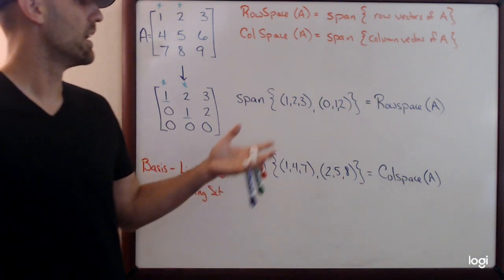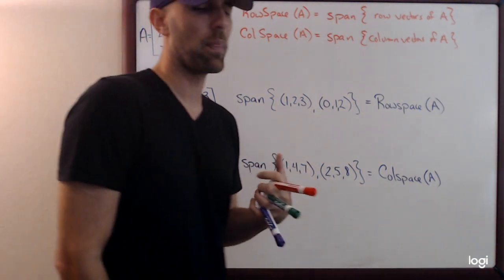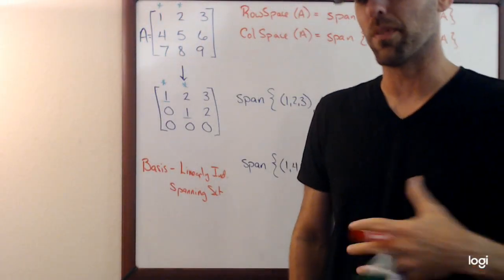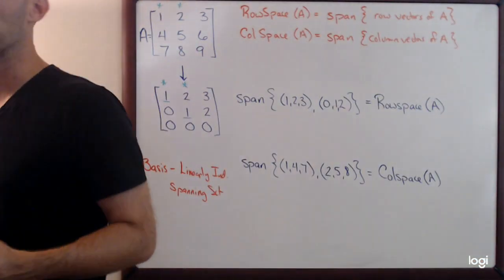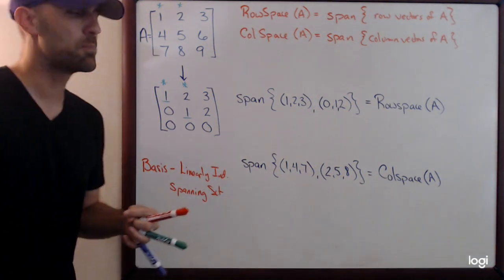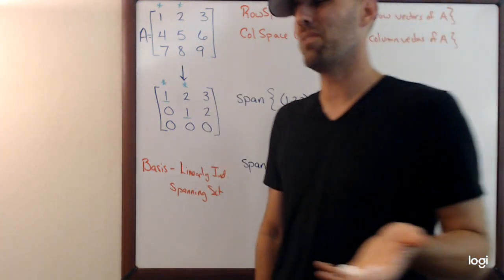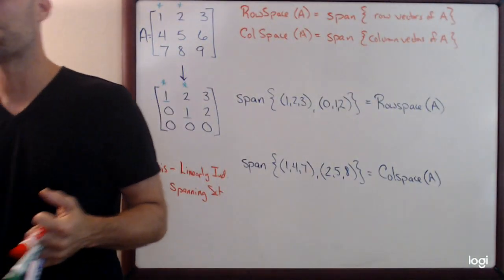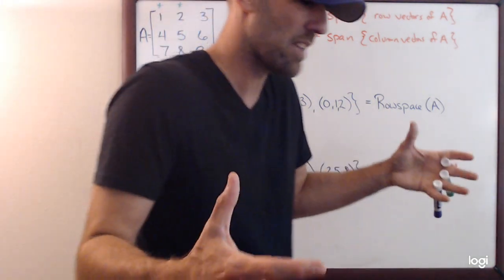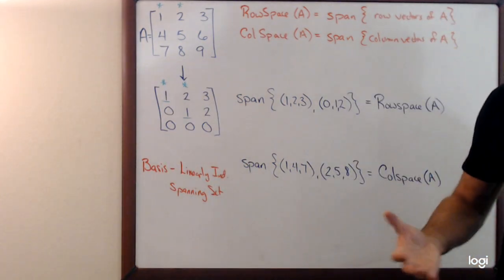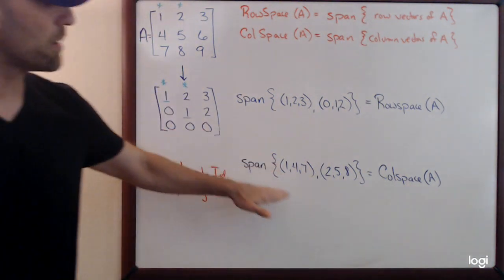Technically, the span of these three vectors is the row space, but there's an advantage to using the minimum number of vectors possible. And that's really what the basis is. It's trying to write the span using a minimum number of vectors. The reason is these spaces are infinitely large. Technically speaking, I could write some weird infinite list and say that the span of this list is the space, but that's somewhat ridiculous. I want to do things efficiently, so we're going to do them as efficiently as possible. So here's a basis for my row space and a basis for my column space.